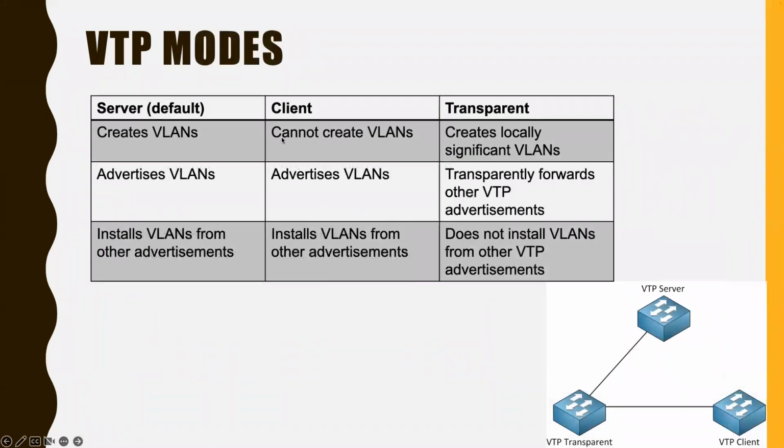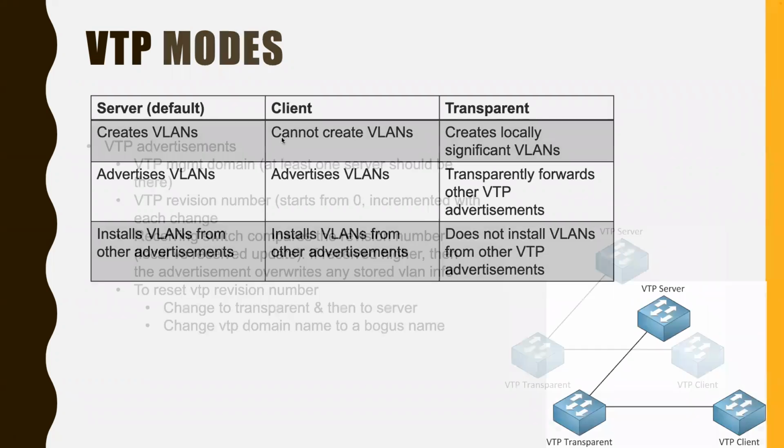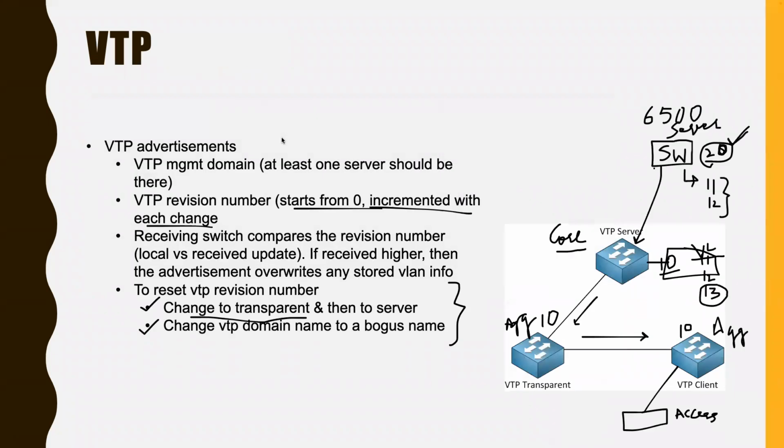One question: as you said, we are not using VTP anymore. I didn't say that. I said that I have seen very little VTP being used. There may be scenarios where VTP is used. It has its own pros and cons.